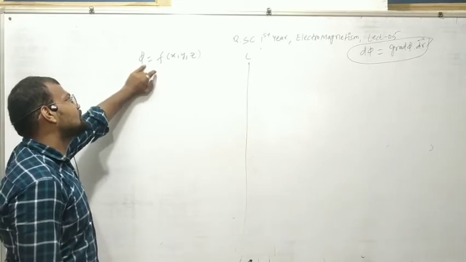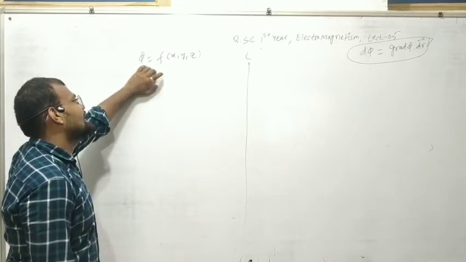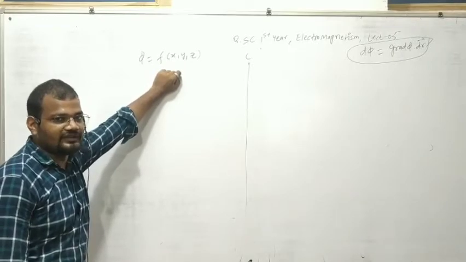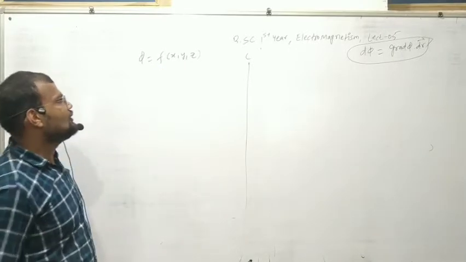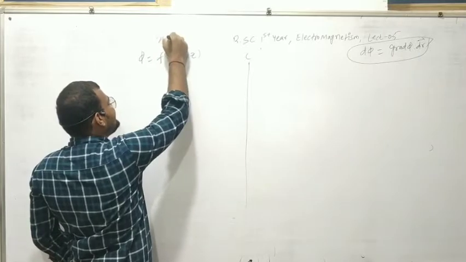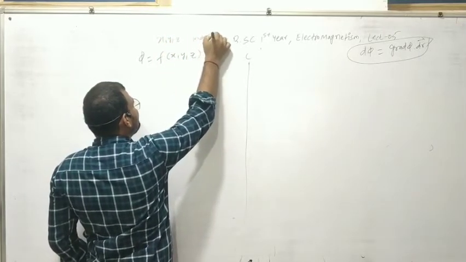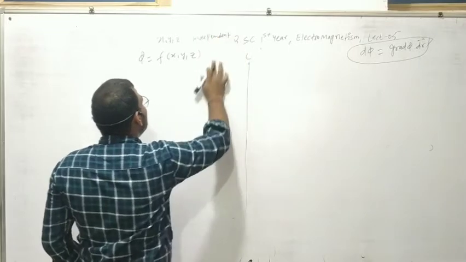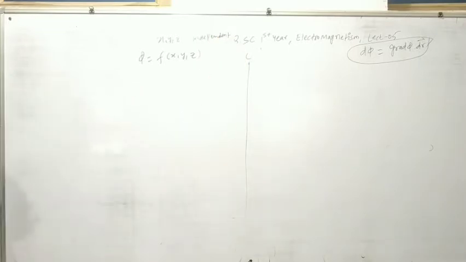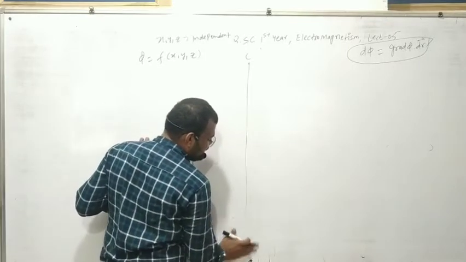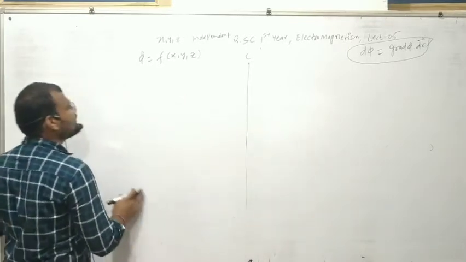Or if I want to see the change of phi with respect to z, then x and y will behave like constants. So x, y, z are all independent of each other. Means these three do not depend on each other.